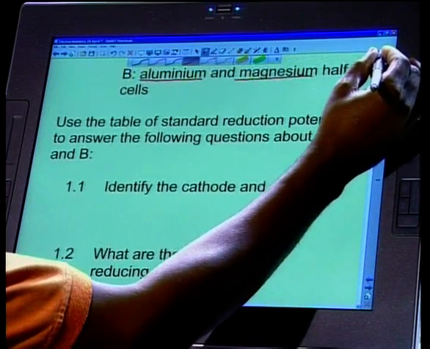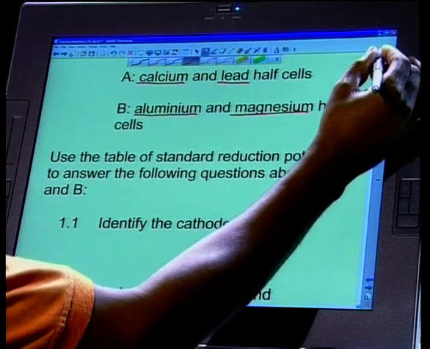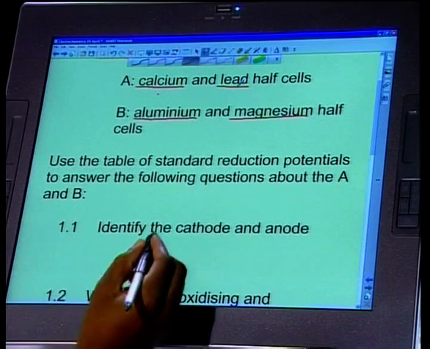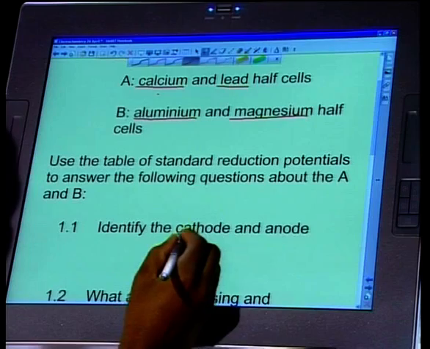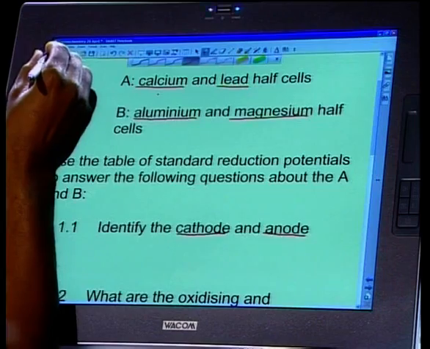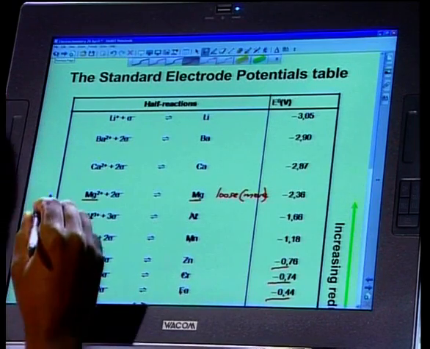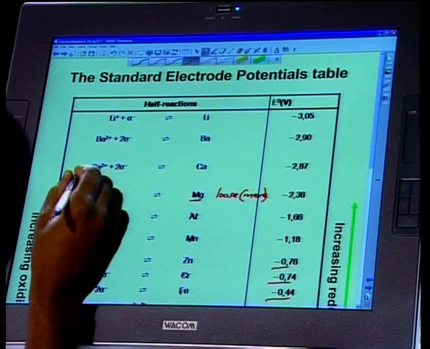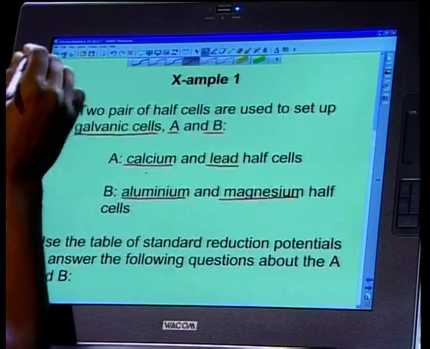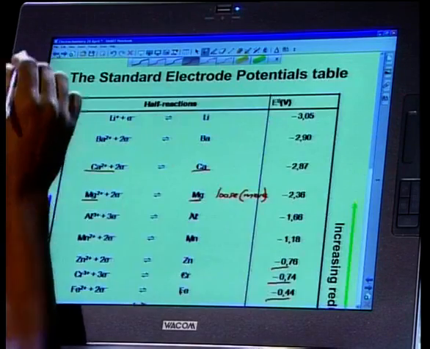Now let's look at A and B. What is A? A is calcium and lead. We need to identify what will be the cathode and what will be the anode. From the table of standard potentials here, there is the calcium level, and the other part is that of lead.